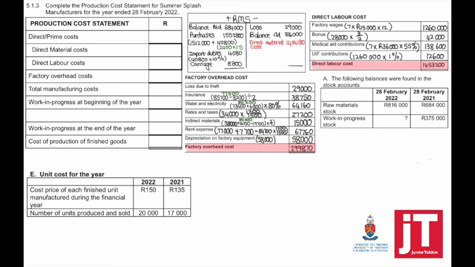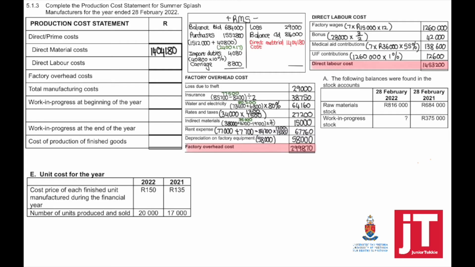Completing now the production cost statement, we need to use the answers that we've calculated in the previous questions. This is the part where you can earn a lot of method marks if you make sure that you show the amounts that you've calculated correctly in the production cost statement.